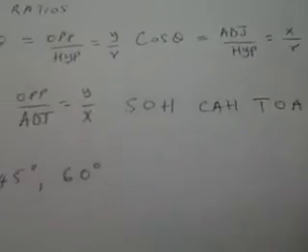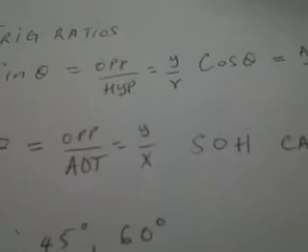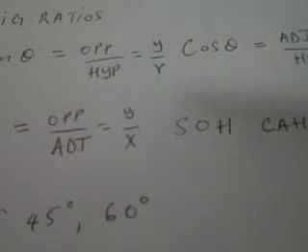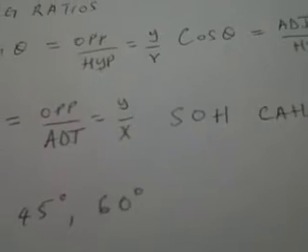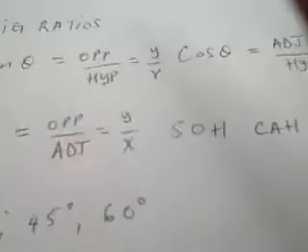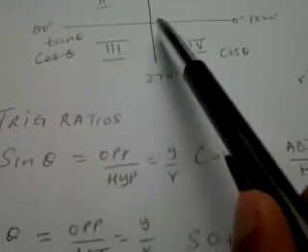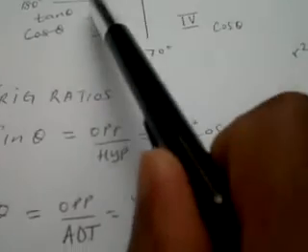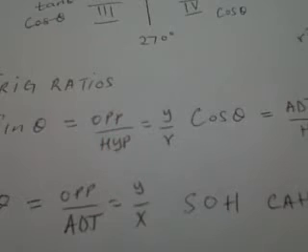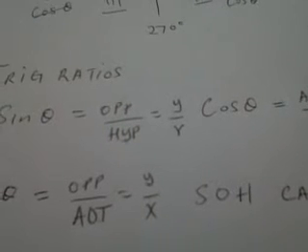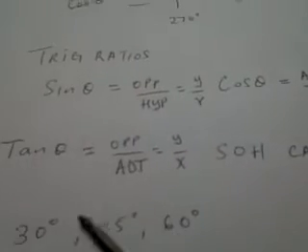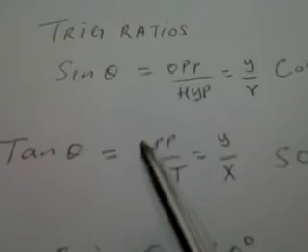But when you get to the second quadrant, it's different. For sine, y is still positive and r is positive, so sine is positive. But if you come to cos, x is now negative. So we have a negative over a positive, which gives us a negative. Then we move on to tan theta.